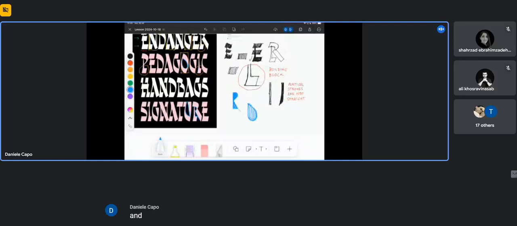And again, this is also true for U, where you have this shape.